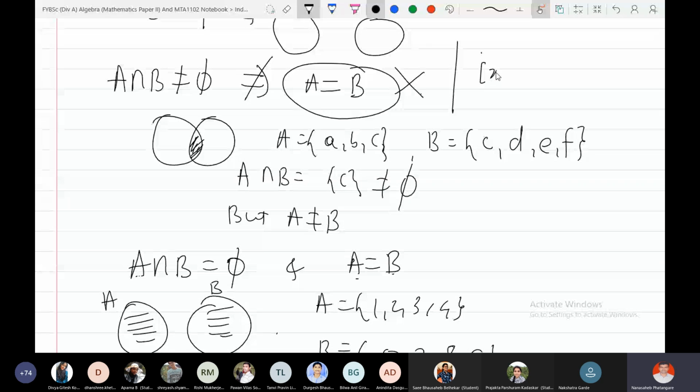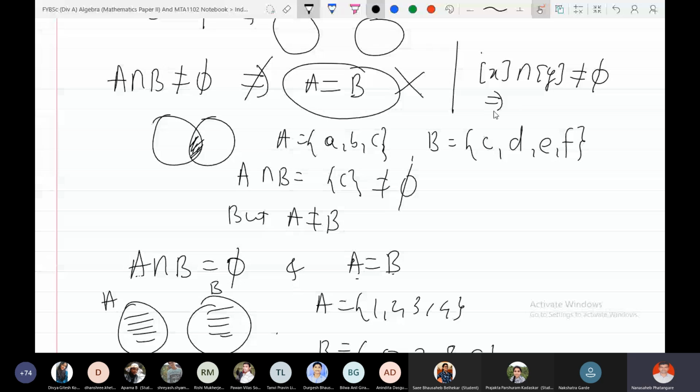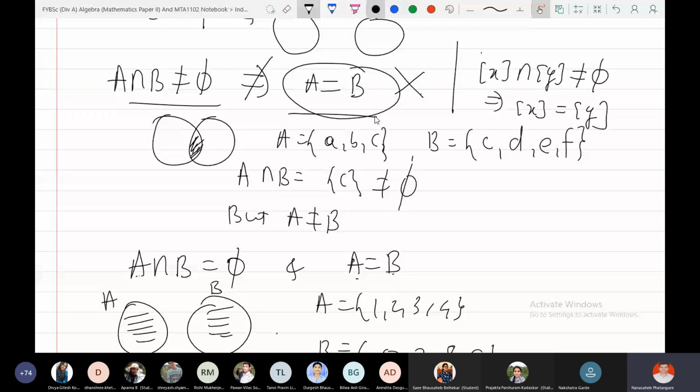Two classes that are overlapping, meaning not disjoint, are actually the same, completely overlapping. But in general set theory, this is not happening. Now you compare these two things side by side. So now the idea is clear.